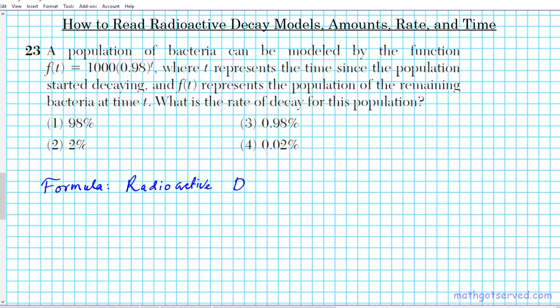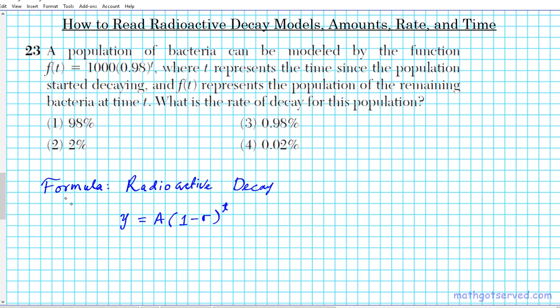The formula for radioactive decay is y, or you can call it f of t, y as a function of t is equal to a times 1 minus r raised to the t power. Remember, the sign before the rate indicates the direction. If it's plus, it's radioactive growth. If it's minus, it's radioactive decay.